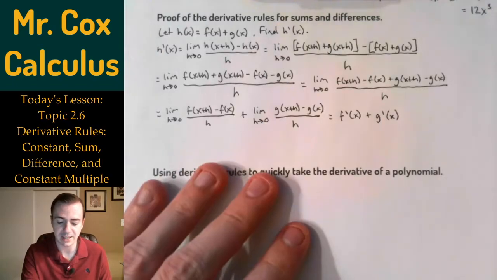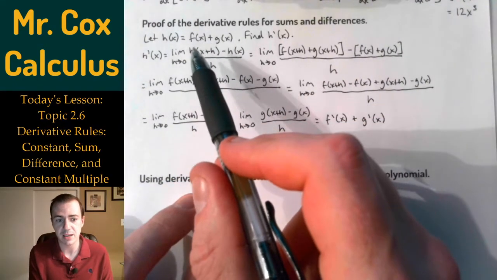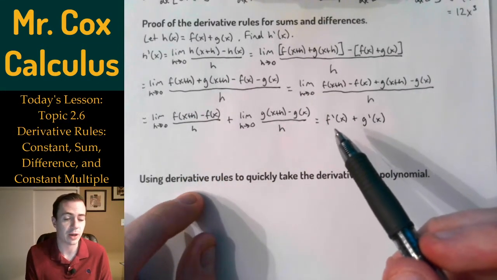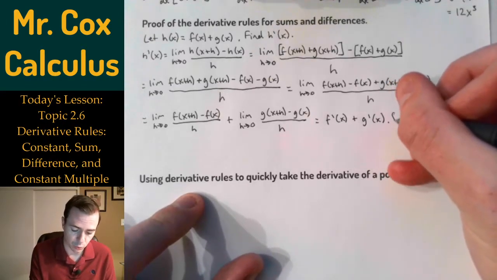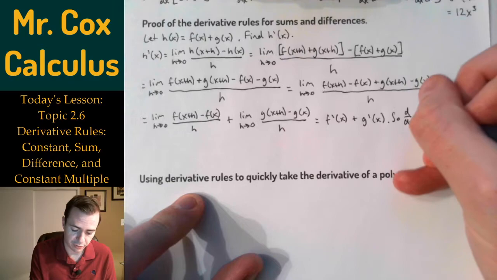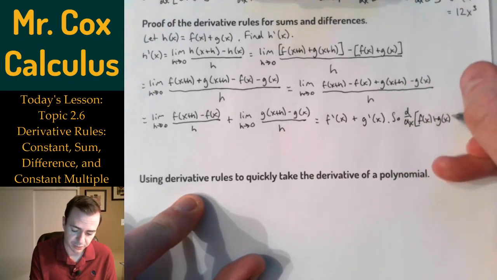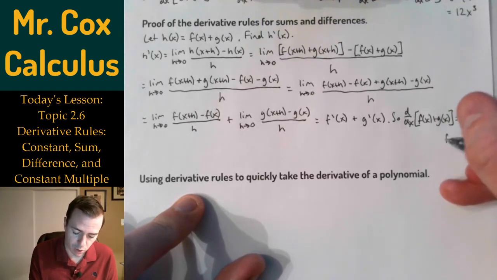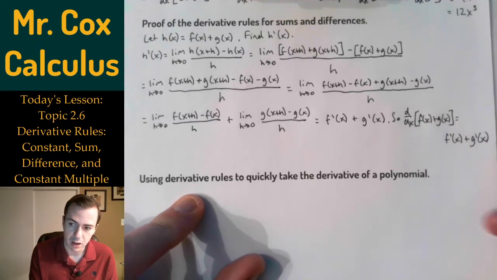If you go back and look at what I was trying to do, I was trying to take the derivative of the sum of f and g, and what I ended up with was the sum of the derivatives. So I can say as a rule, the derivative of f of x plus g of x is equal to f prime of x plus g prime of x.